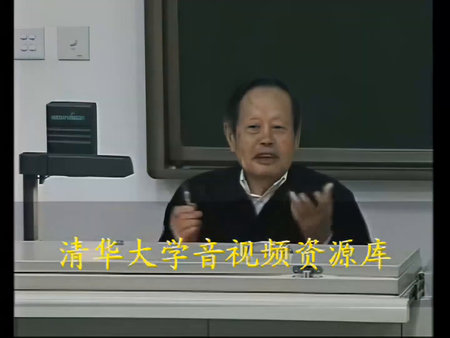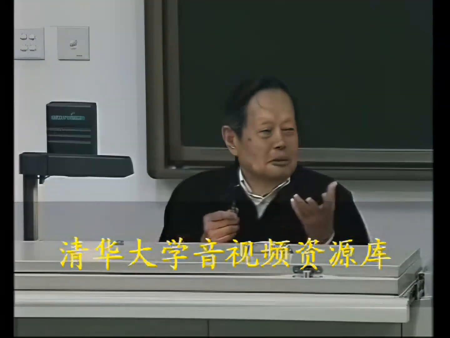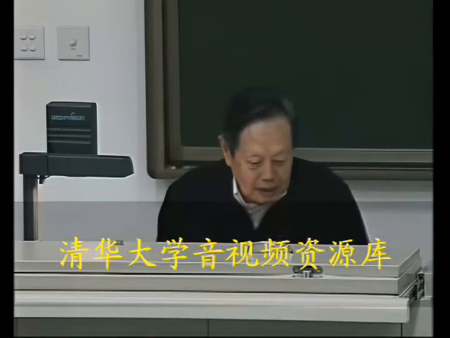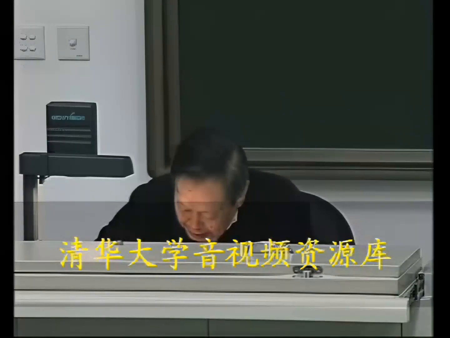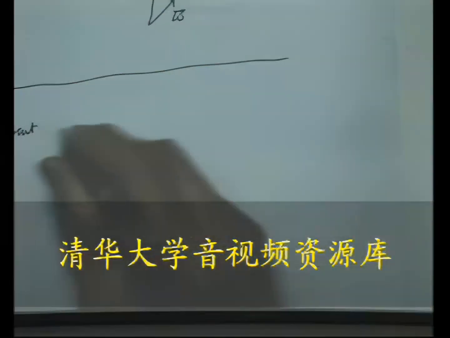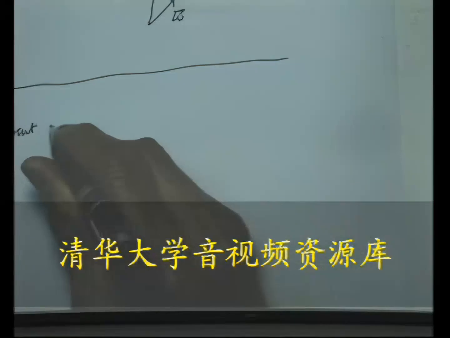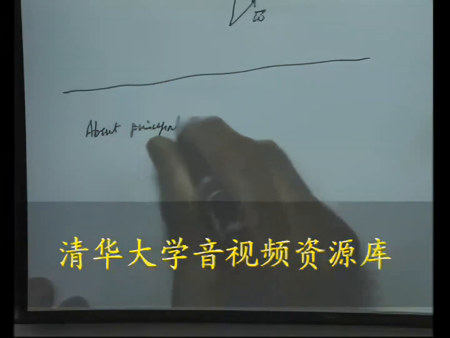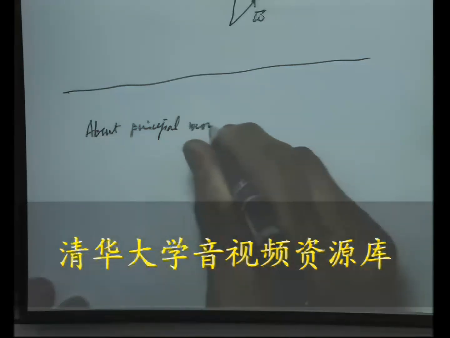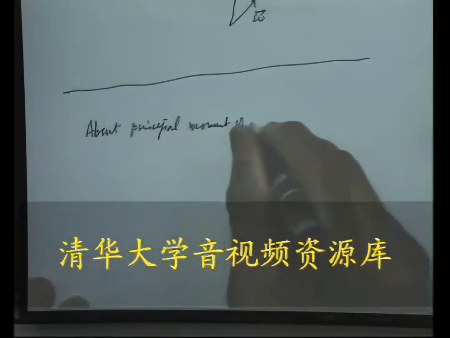Okay. Now we have a lot of theory that we have to be more familiar with what's going on. So let us now talk about moment of inertia, about principal moment of inertia.